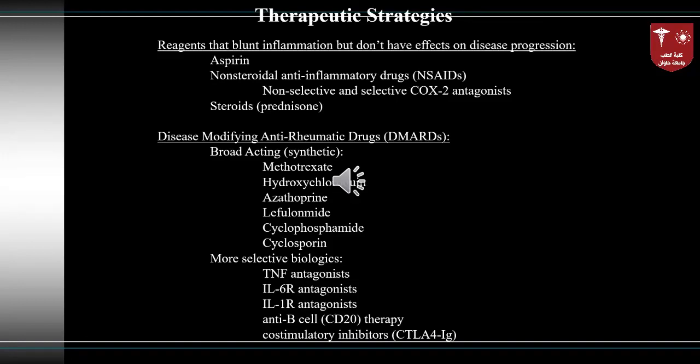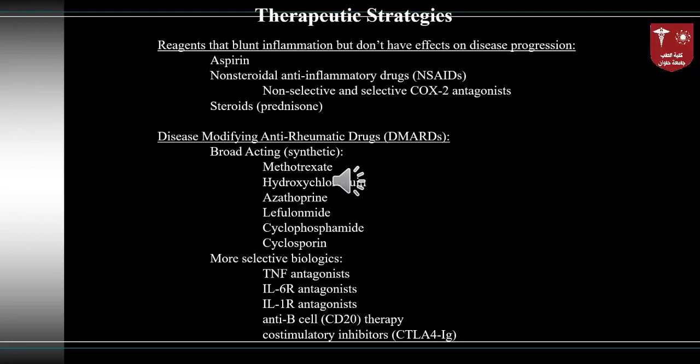These are the therapeutic agents used in the treatment of rheumatoid arthritis. Some of them are just to suppress the inflammation, like the non-steroidal anti-inflammatory drugs and the corticosteroids, and some of them can alter the pathway of the disease, which are called disease-modifying anti-rheumatic drugs.